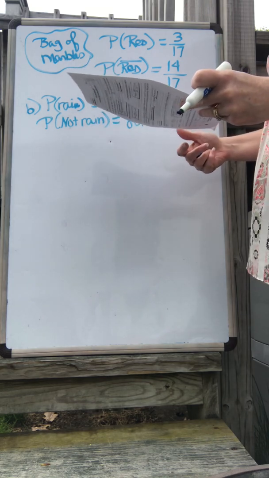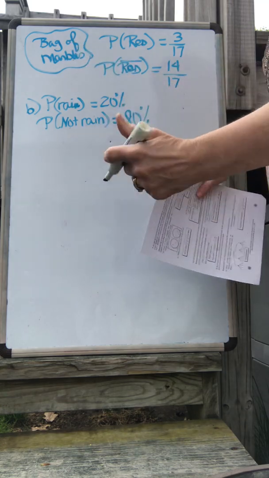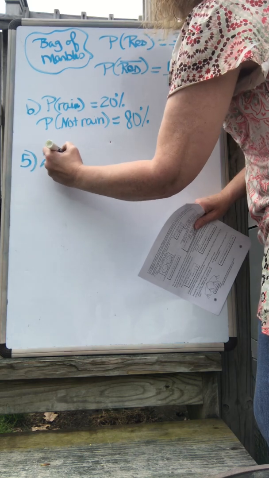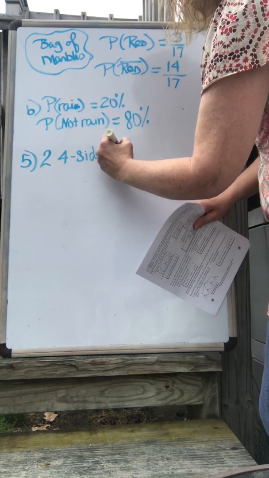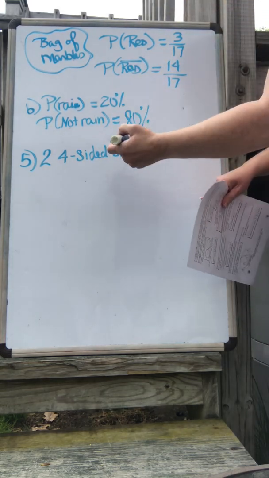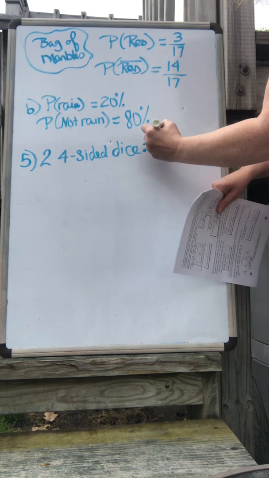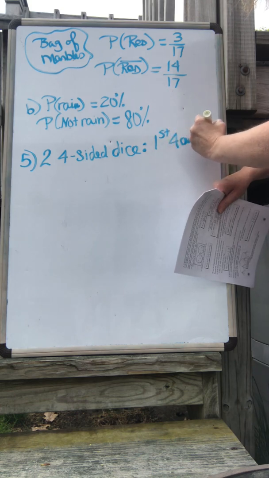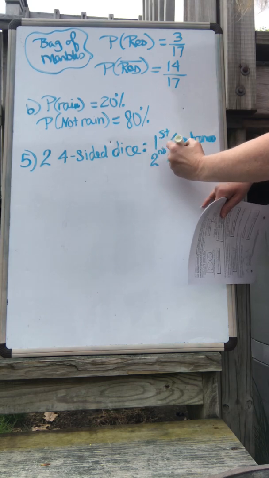Now, finally, we have exercise 5 where we're rolling 2 4-sided dice. Actually, the plural of die is dice. So that means on the first, I have 4 outcomes. On the second, I have 4 outcomes.